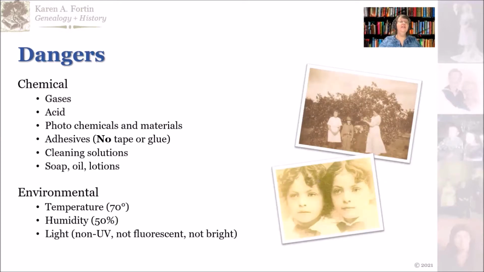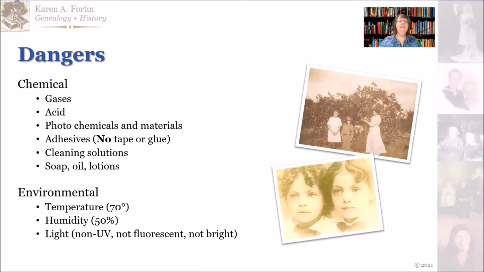There's also the possibility of chemical dangers, such as gases that may be given off from materials such as plastics in which the photograph might be stored, or acids from paper in albums or in boxes in which the photo may have been stored.